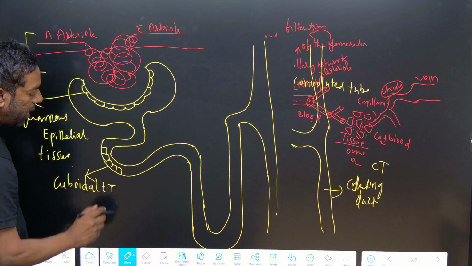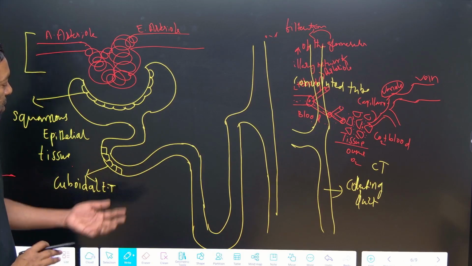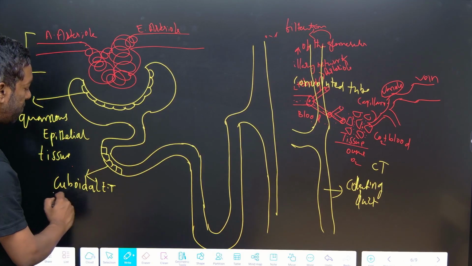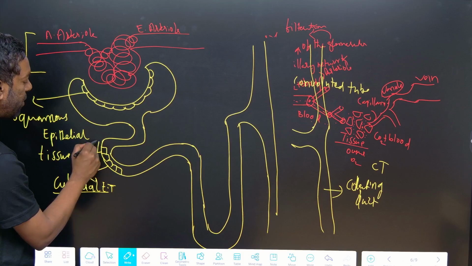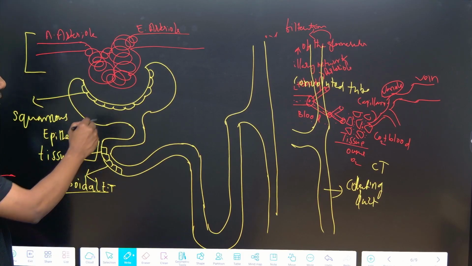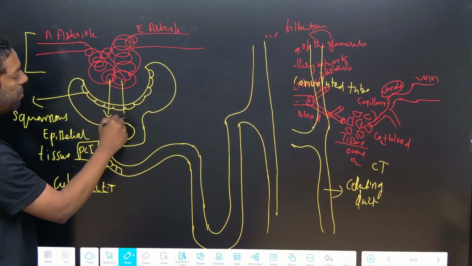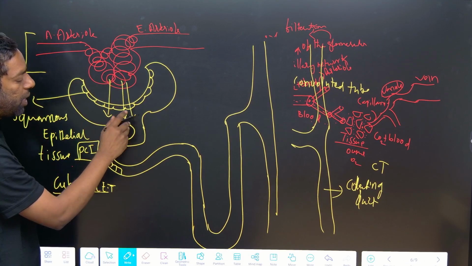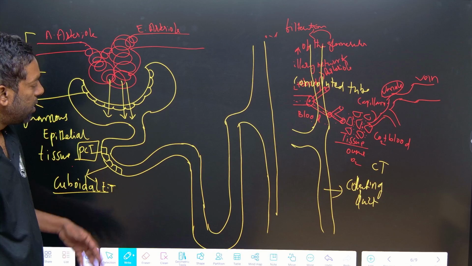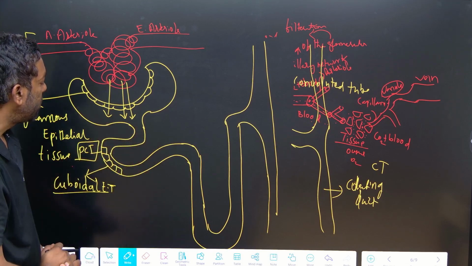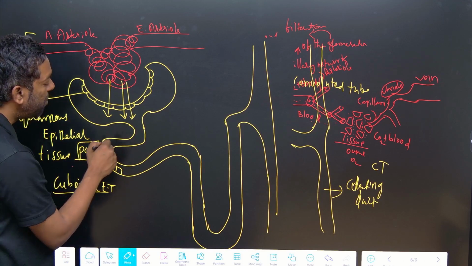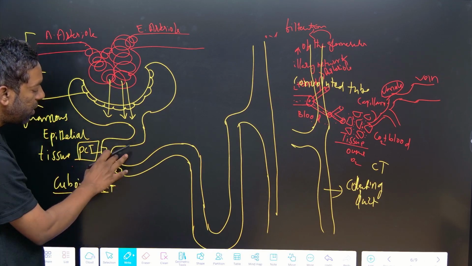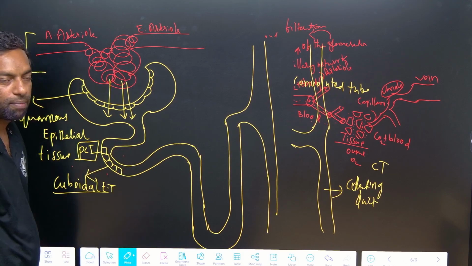Guys, here look into this. This is the proximal convoluted tube, PCT. It is nearby the filtration, where the solute enters. If the solute enters here, it can be reabsorbed. There is reabsorption taking place in this PCT part.